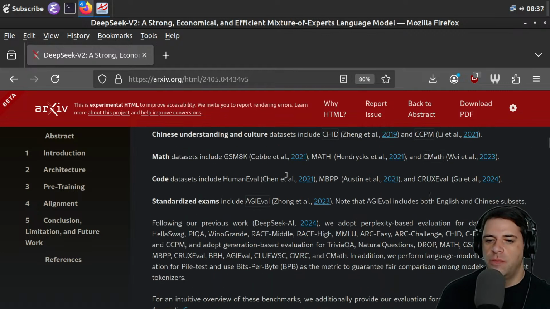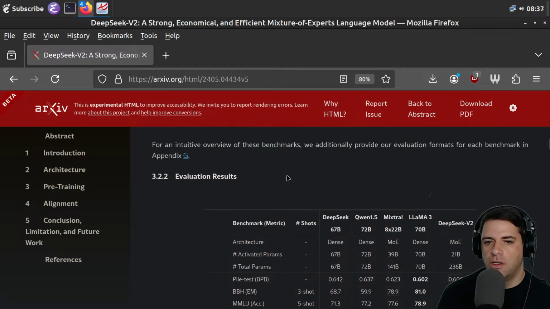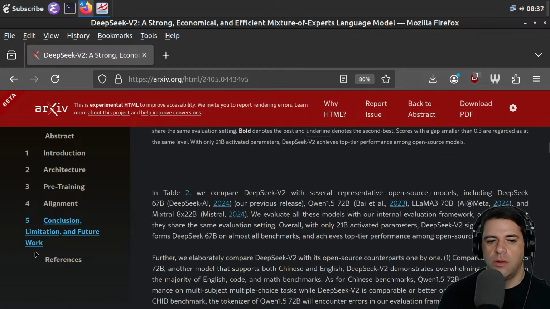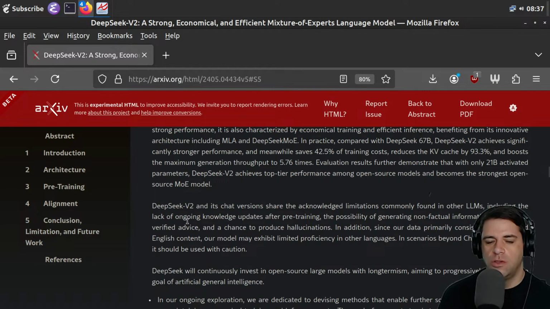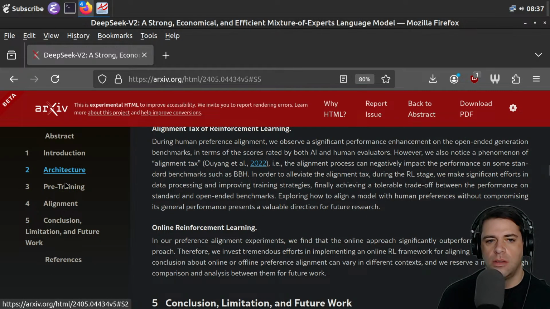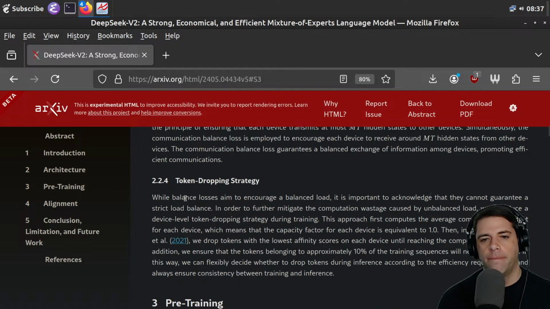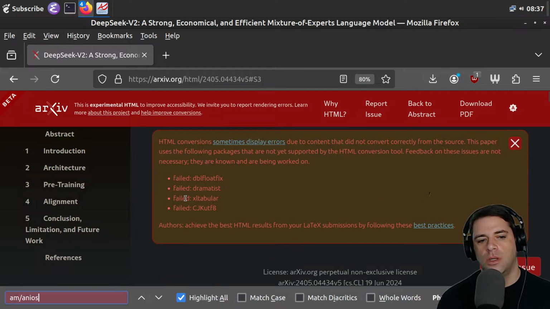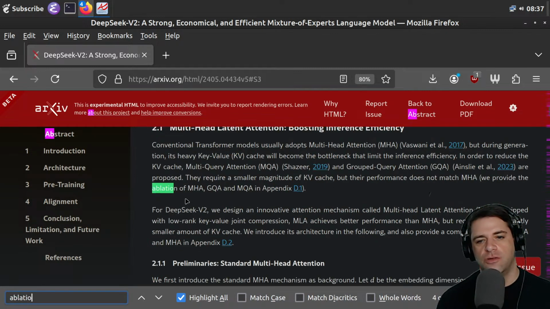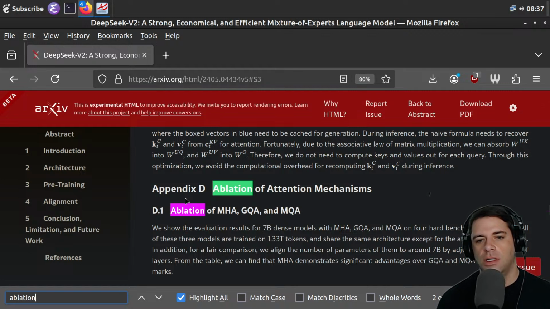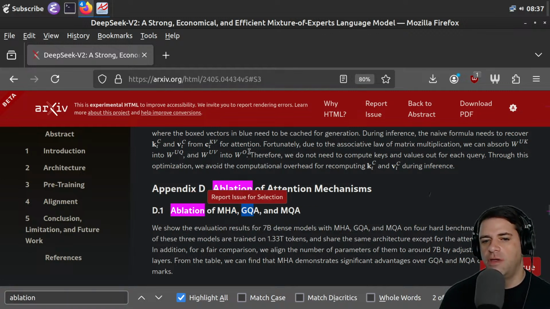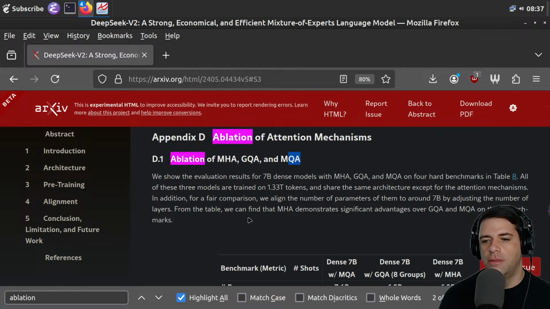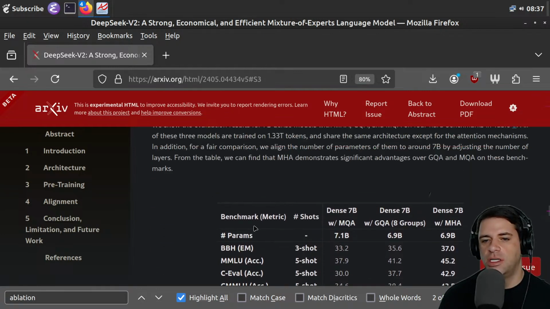And then somewhere down here, there's some ablation studies for MLA. I don't know exactly where they are. Are they in the conclusion? Are they in pre-training? I'm not sure. But I'm not really going to search for them because here we go. This is multi-head attention. I forget what GQA and MQA are, the alternative attention thingamajiggies that they drew in that diagram.